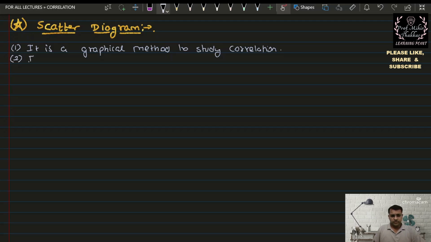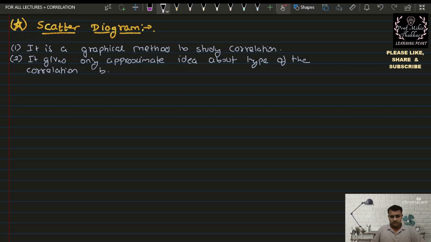So point number 2, it gives only approximate idea about type of the correlation between the variables under study.